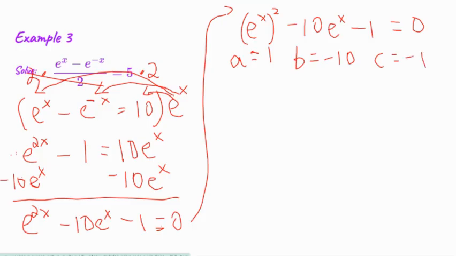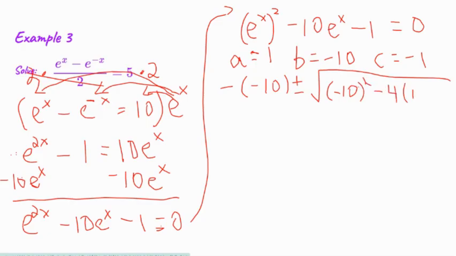Now, I'm kind of running out of room here, so I am going to simplify everything. Negative b: 10 plus or minus the square root of negative 10 squared minus 4 times 1 times negative 1, all divided by 2 times 1.